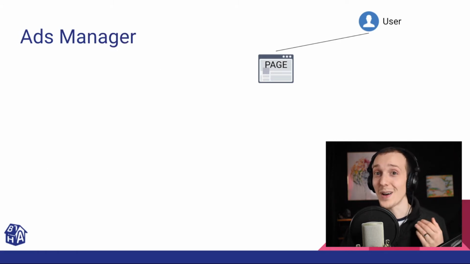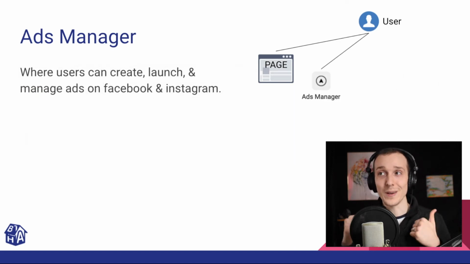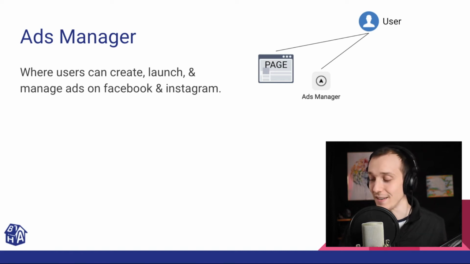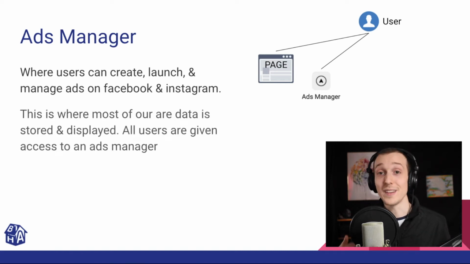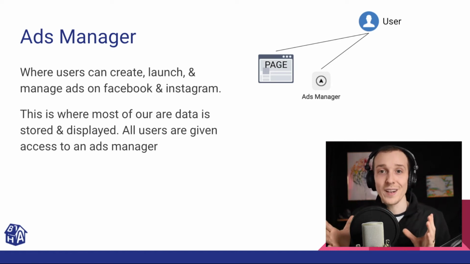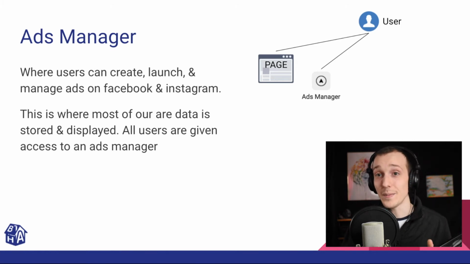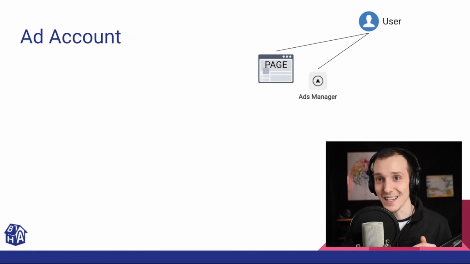Next, let's talk about Ads Manager. That's where we just were a second ago. Ads Manager is where we create, launch, and manage our ads on Facebook and Instagram. This is where most of our data is stored and where it's viewed, where we're going to be adjusting and improving our ads more and more. All users are given access to an Ads Manager, and something closely related to them now is the ad account.